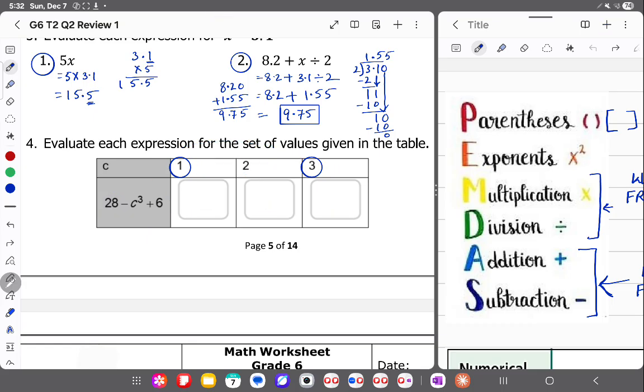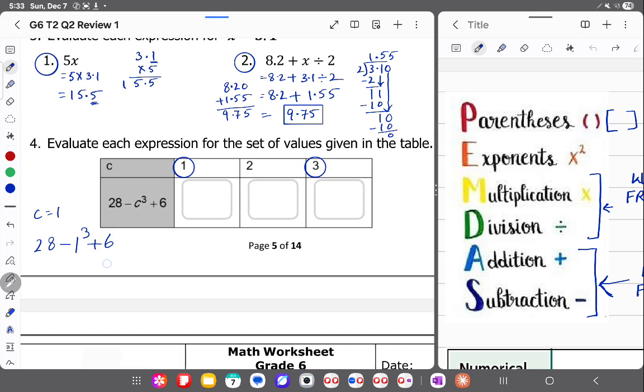So we start with C equals 1. When C is 1, we will have 28 minus C to the power of 3, which is 1 to the power of 3, plus 6, right? Now we have 28 minus 1 to the power of 3, which is 1 times 1 times 1, which is 1, plus 6. Now you have subtraction and addition.